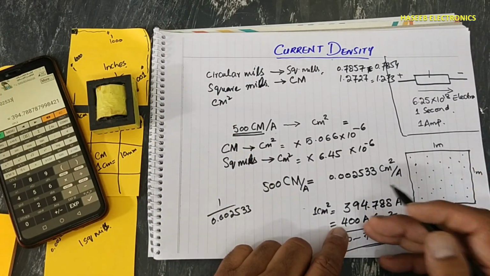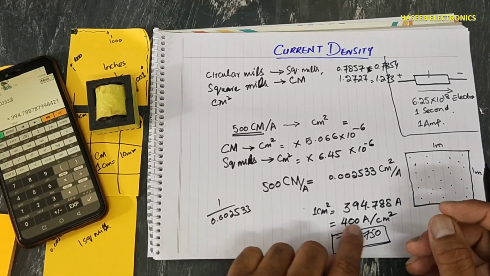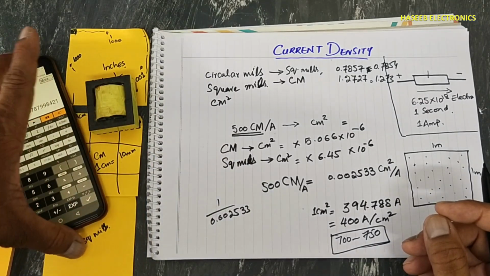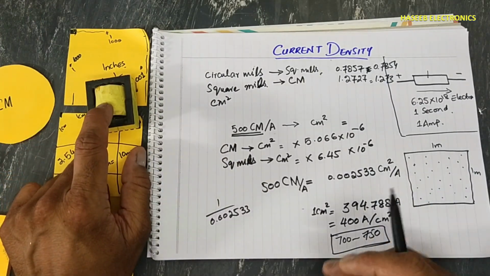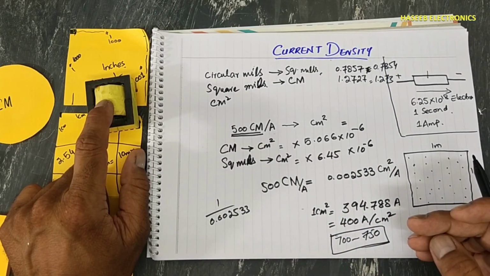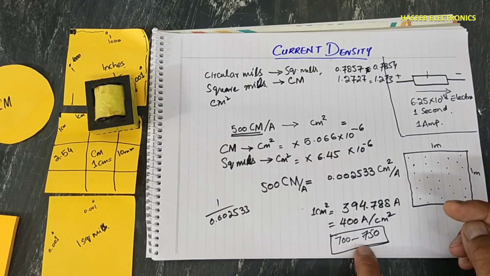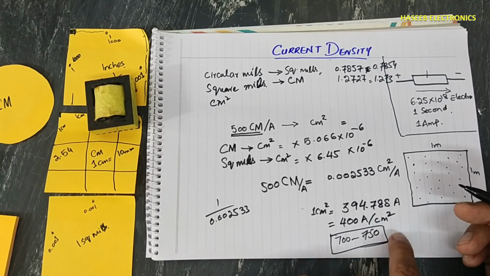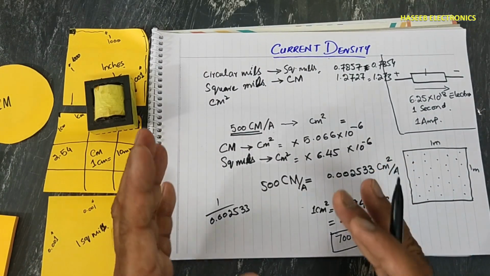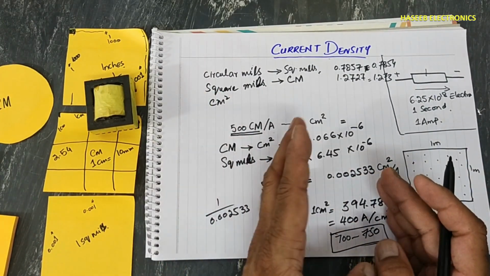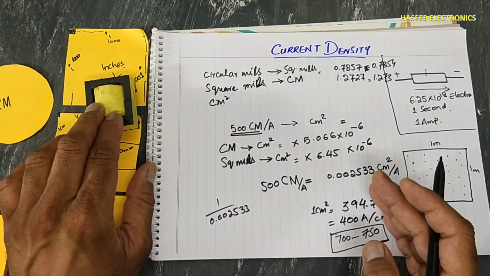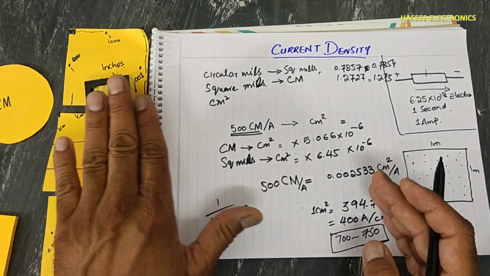If it is less than this, around 200 ampere per centimeter square, we are not using the copper properly. We are including the cost of the material and not taking benefit from it. If we are moving in the zone of 700 to 750 ampere per centimeter square, that is wrong. At that time we need to adjust our switching frequency, change our Bmax, and select proper wire gauge and wire area so that the window fill factor will become within range.